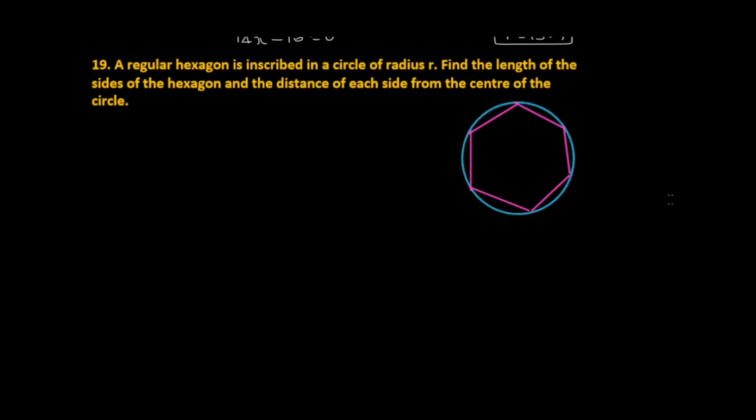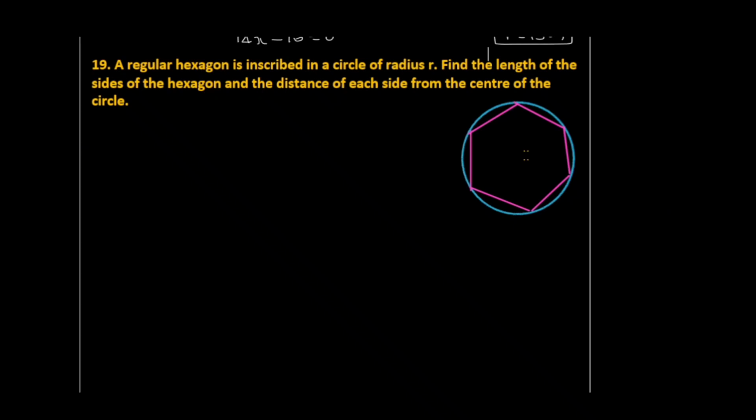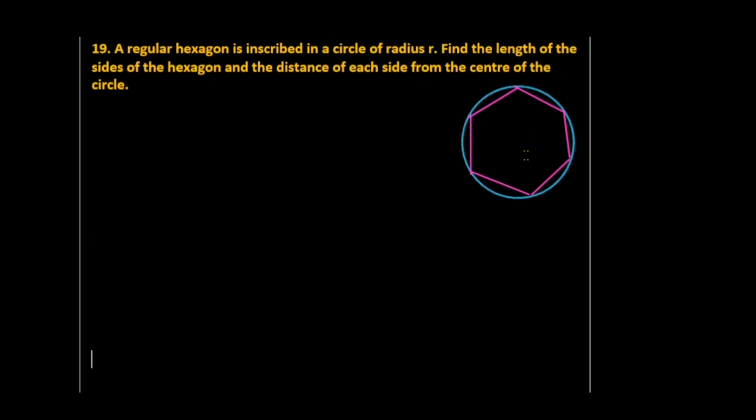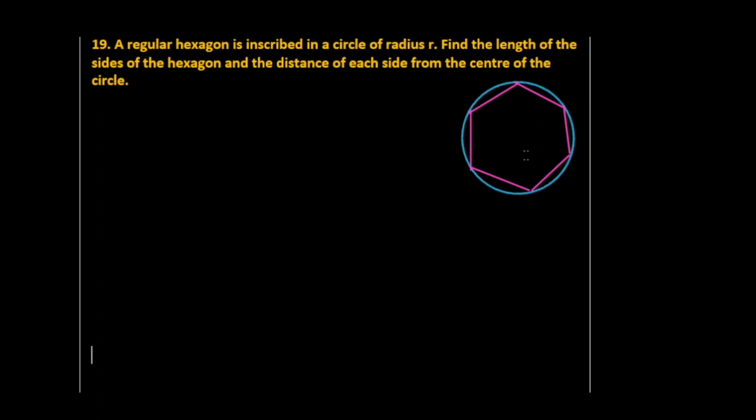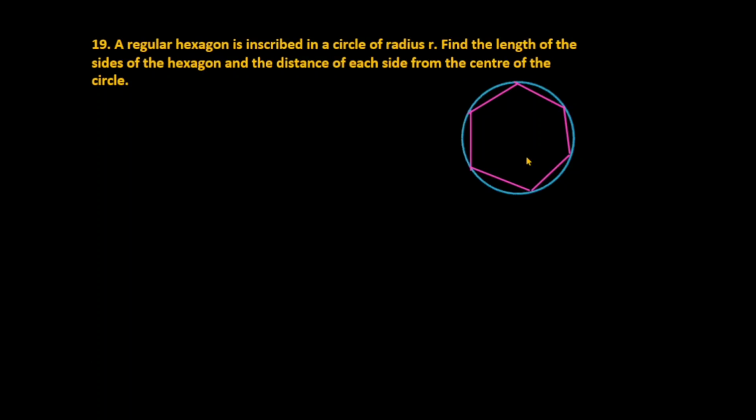Next, a regular hexagon is inscribed in a circle of radius r. Find the length of the side of the hexagon and the distance of the side from the center of the circle. If this is the center of the circle, and we join this, we will be getting the radius.